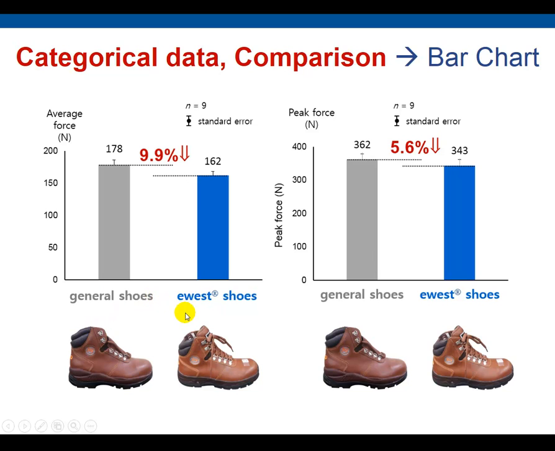We have two categories here, and we want to compare the average force and the peak force. The general shoes should be on the left side. When you draw images, the reference data should go on the left first because that is the reference. And the right one is your data, or improved or revised one. So we want to compare the right one to the left one.